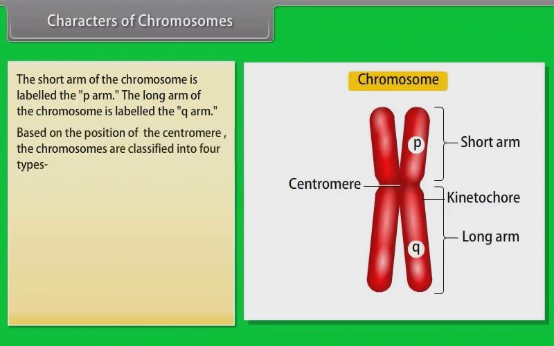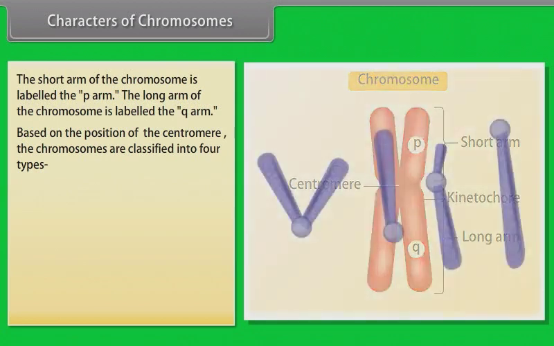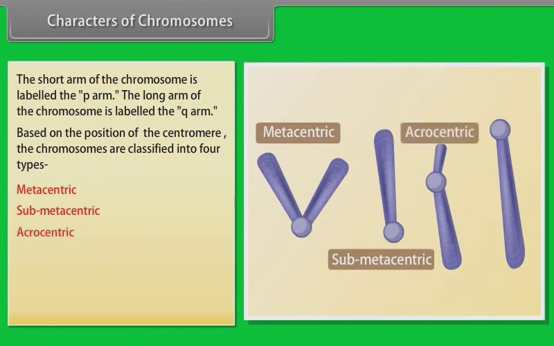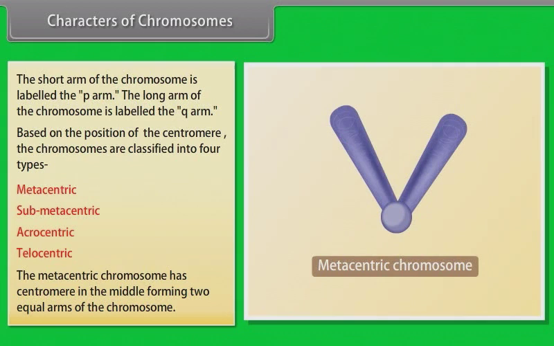Based on the position of the centromere, the chromosomes are classified into 4 types: metacentric, submetacentric, acrocentric, and telocentric. The metacentric chromosome has centromere in the middle, forming 2 equal arms of the chromosome.